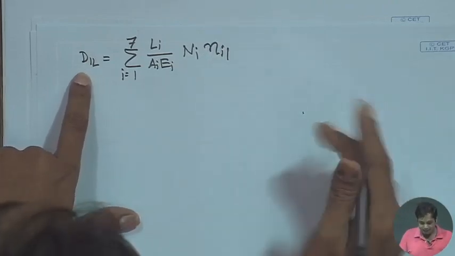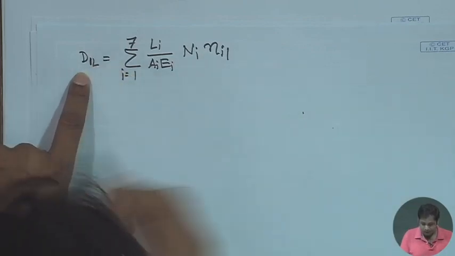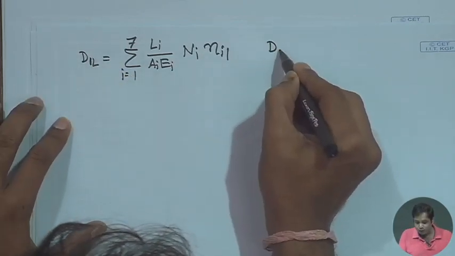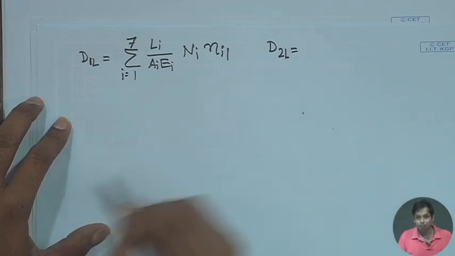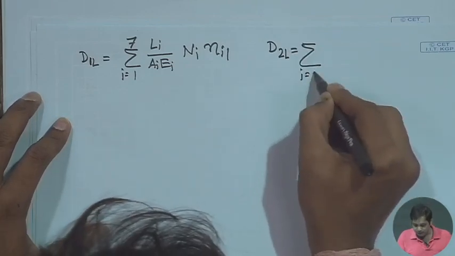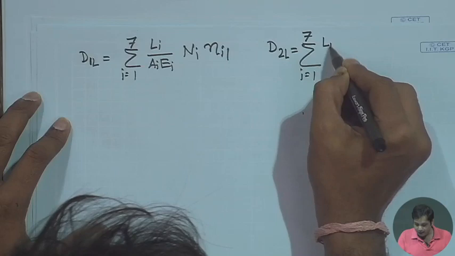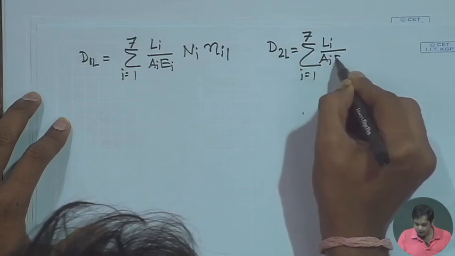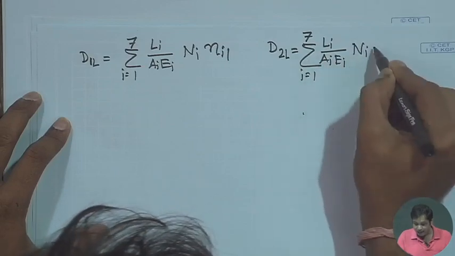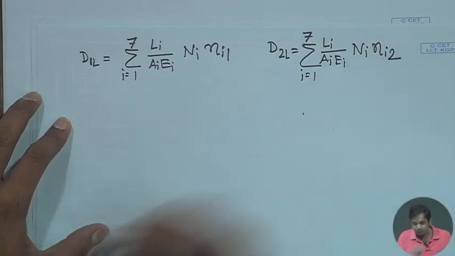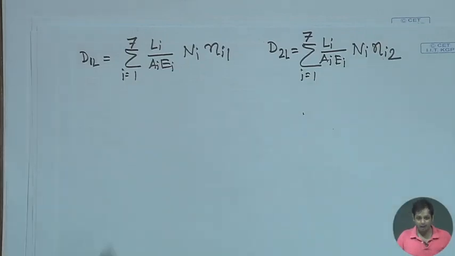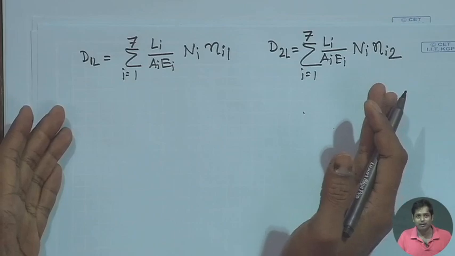Similarly, D2L will be the summation of i equals 1 to 7 of Li by Ai Ei and then Ni, and it will be Ni due to the second redundant. So, this is just the unit load method, right.